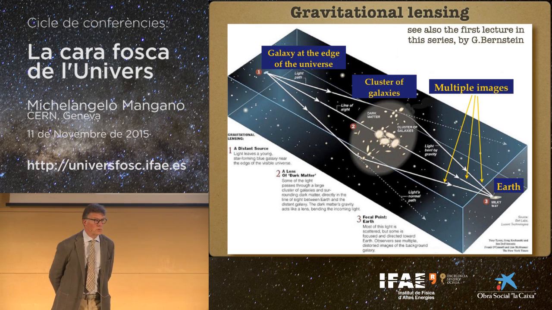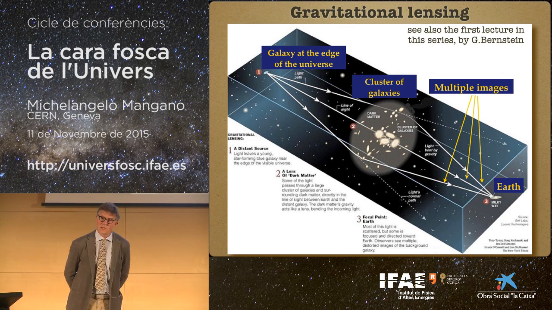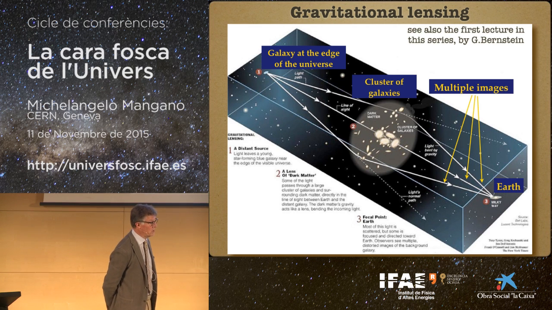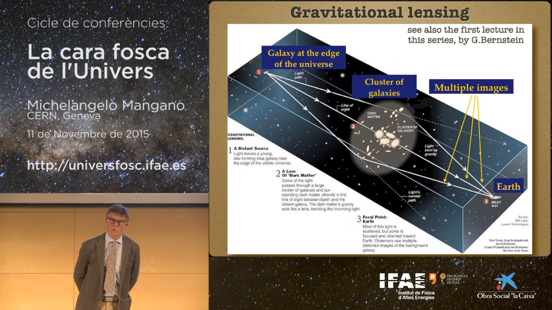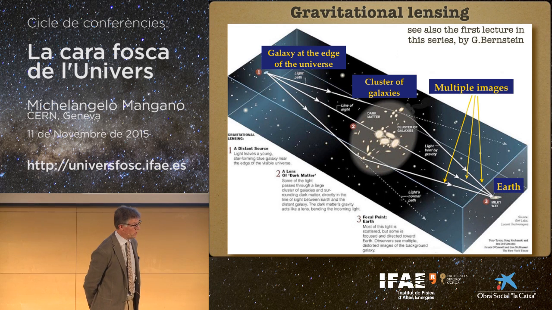There is a phenomenon which is known since the days Einstein discovered general relativity, and that is in fact 100 years ago. Gravitational lensing is a phenomenon that those of you who attended the first lecture by Gary Bernstein have already learned about.